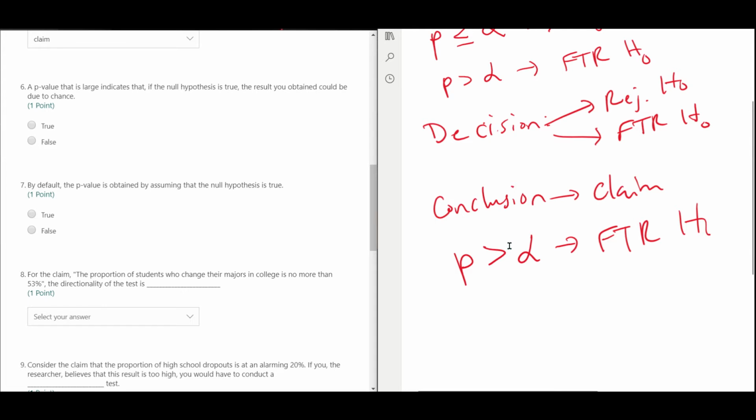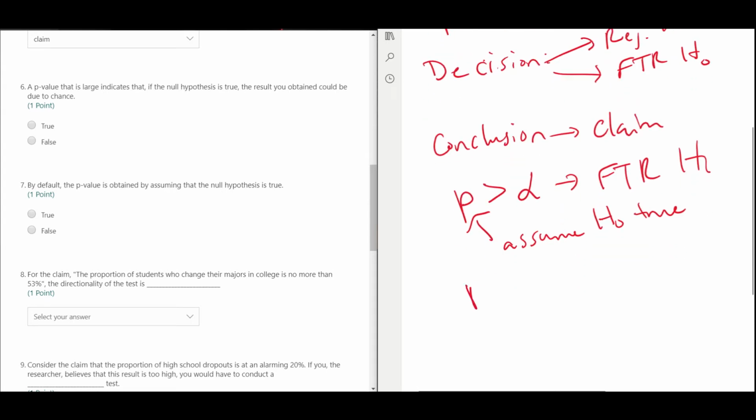But the definition of the p-value is that you always assume the null hypothesis is true, kind of like you assume you're innocent until proven guilty. Now, if that is true, what are the chances that you get that result or something more extreme?